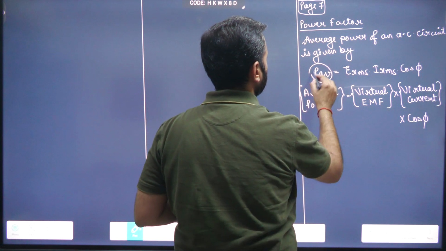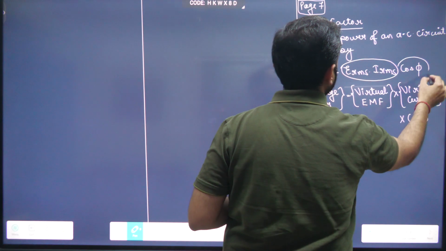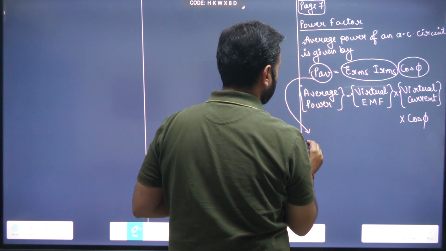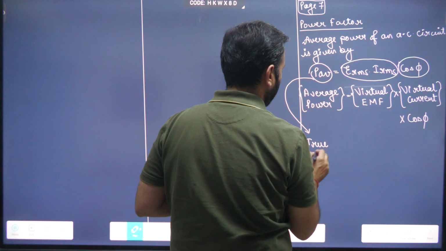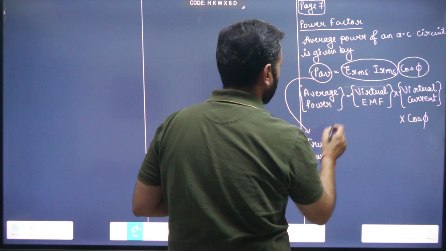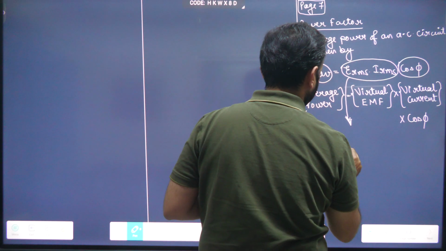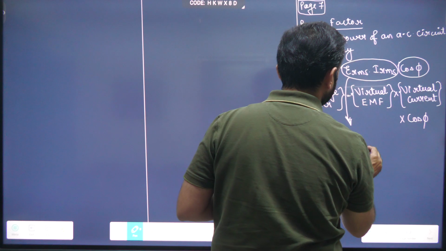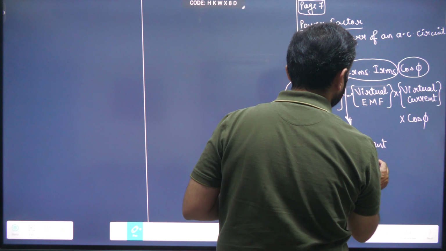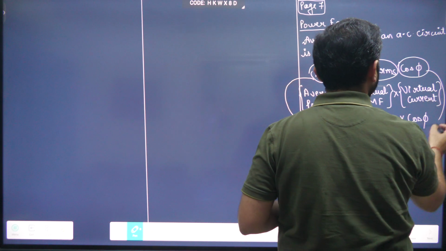So in place of P average we can write true power, ERMS dot IRMS is apparent power, and this cos phi is power factor.